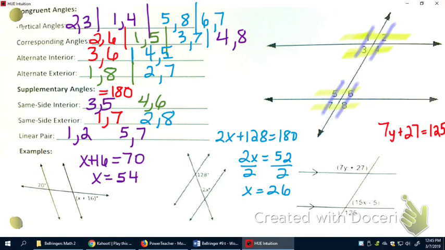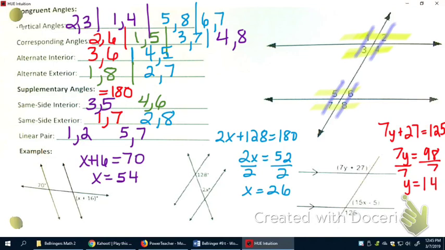We're going to subtract 27 on both sides. Is it 98 or 108? Alright, and divide by 7. And that gives me y.